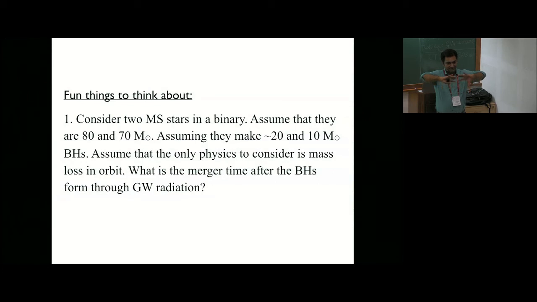And then no mass transfer, no tide, you don't have to do any kind of complicated analysis. You just reduce their masses to become black holes and see how big the orbit is, and calculate what is the merger time from that orbital separation. And I think you will find that they will never merge. Okay.